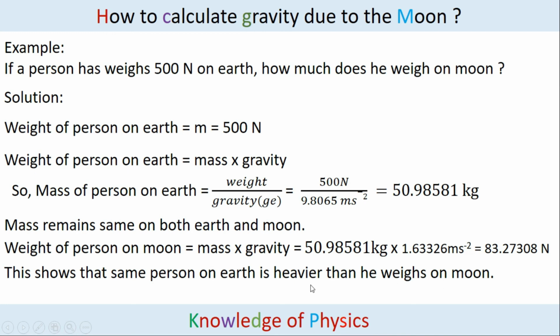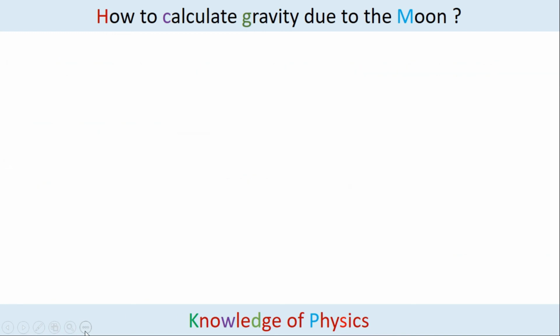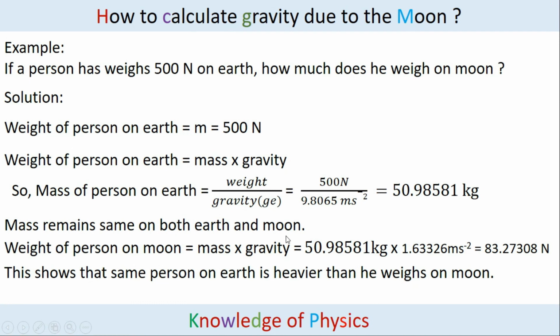So in this way you can calculate the gravity of the moon and compare it with that of earth. Similarly, you can calculate the gravity of the sun as well, if you know the mass of the sun and the radius of the sun.